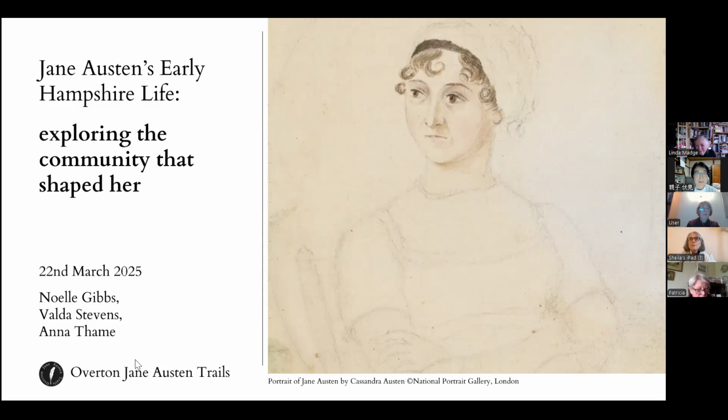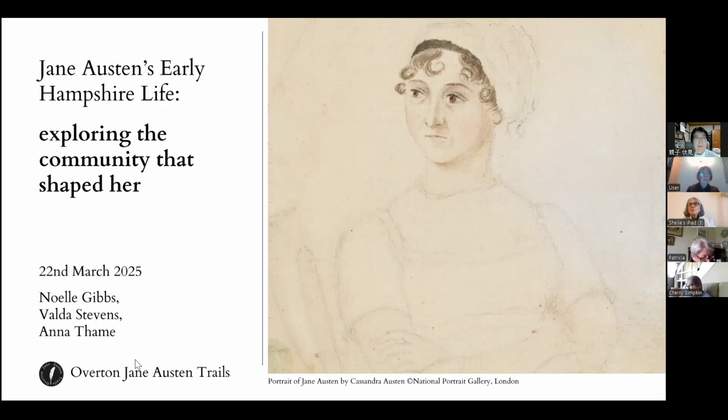Valda Stevens trained as a biologist and worked for many years for the Open University Faculty of Science. She's a keen local historian. And finally, Anna Tame studied English literature at the universities of Exeter and Kent, and she's a communications consultant and facilitator. All three live in Overton.